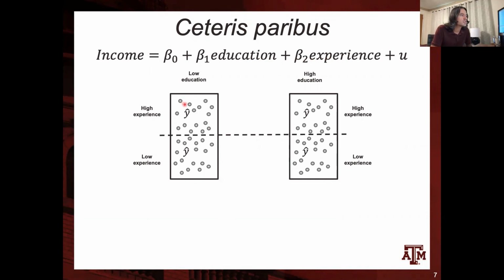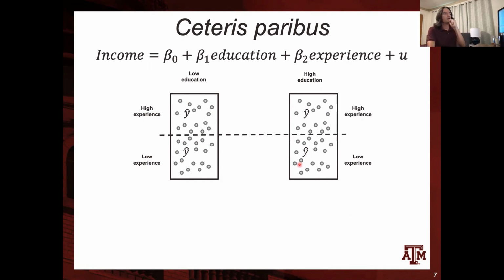So each one of these dots is one individual that I collected a questionnaire from. Some of them will have low education and high experience in the labor market. Some of them will have low education and low experience. Some of them will have high education and high experience, and then high education and low experience.